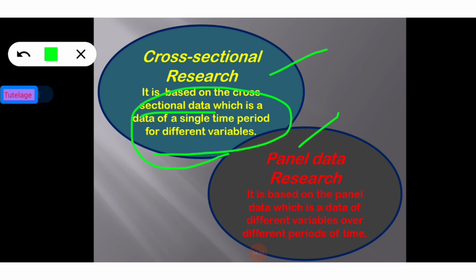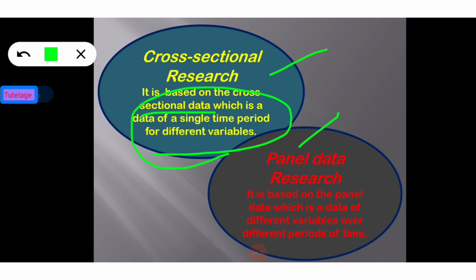That is the basic difference between time series data and cross sectional data. For example, in cross sectional research, data on production of wheat, rice, and pulses in the different states of India in 2020 is a perfect example, because in this type of research there are different variables but a single time period.